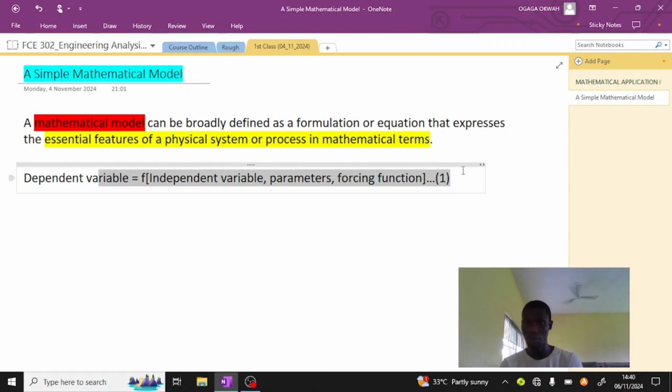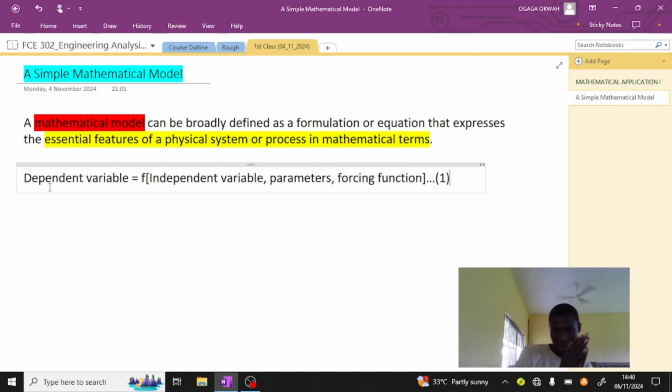The general form of this mathematical model is written as equation 1. We have a dependent variable, and that dependent variable equals a function of independent variables, parameters, and forcing functions.